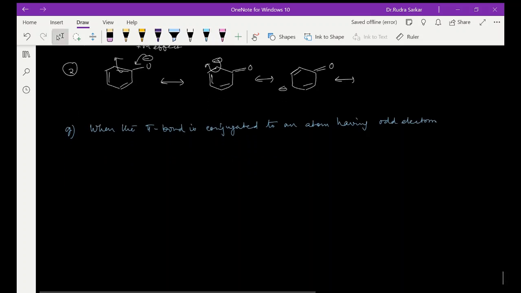So out here the simplest example that we can take will be the allyl radical.